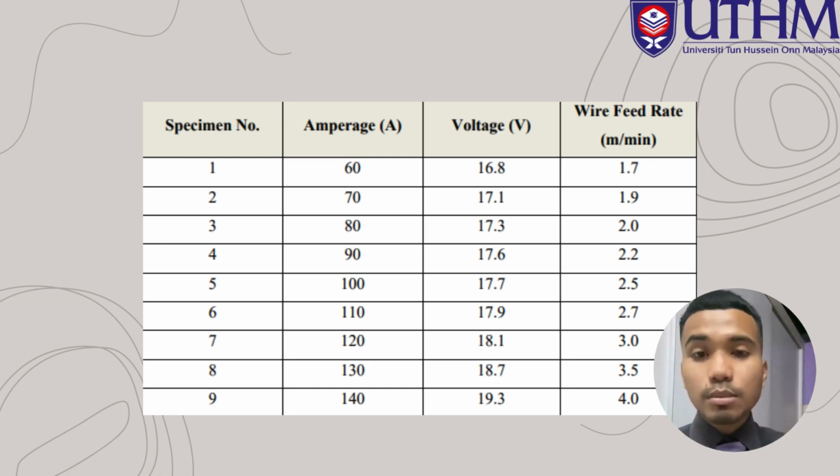For specimen number 8, it is 130 amperage, 18.7 voltage, and 3.5 meter per minute wire feed rate. And for the last one, specimen number 9, it is 140 amperage, 19.3 voltage, and 4.0 meter per minute wire feed rate.